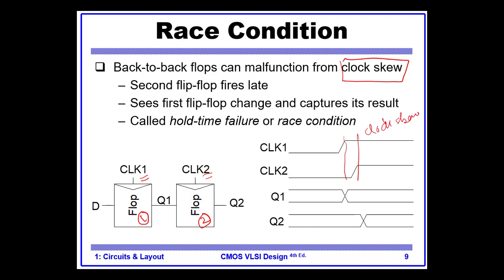Clock skew is this: you have hundreds, thousands and millions of flip-flops on a chip, for example inside a microprocessor. From where does the clock come? The clock comes from a crystal. Let's say this is our crystal. The clock comes from here, and then we have this flip-flop and then this flip-flop. Now you see this flip-flop may be very far away from that flip-flop.